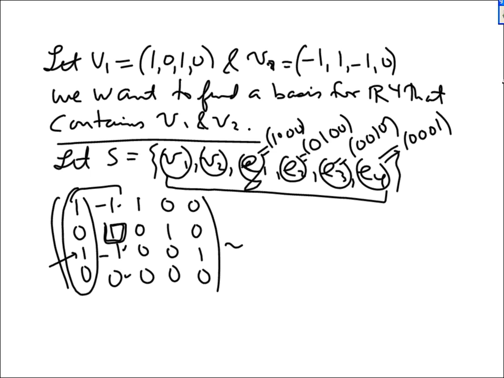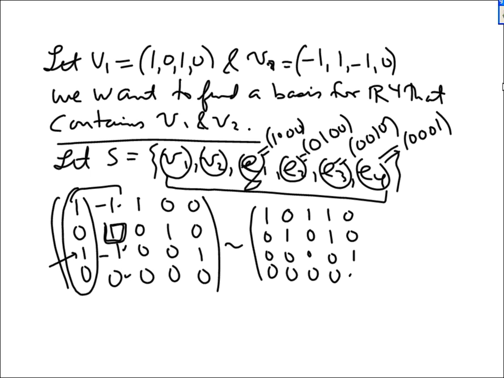Now, if you work this one out, what you get is the following. You get 1 with all zeros, and then 0, 1, and double 0. And you get 1 with all zeros, and then 1, 1 with a couple of zeros, and 0, 0, 1, 0, and 0, 0, 0, 1.